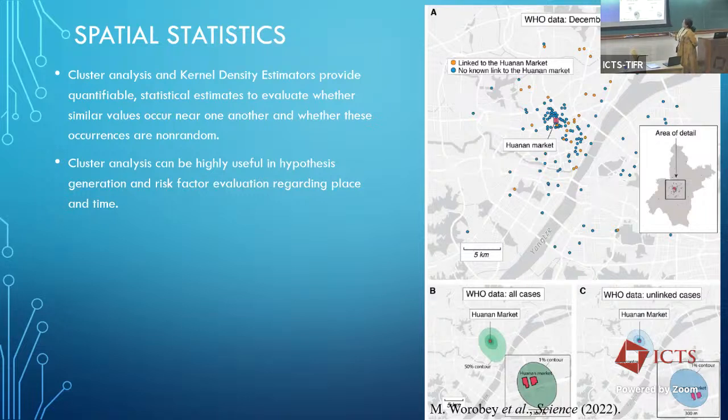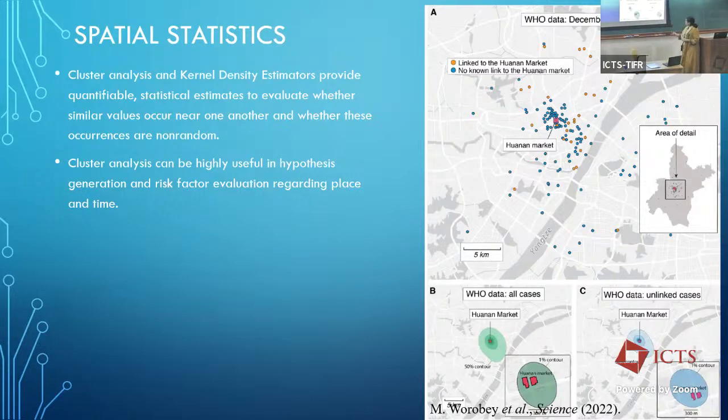Then they looked at all the cases that had no link with the market but were COVID positive, and they found that it's actually even more closely packed to the market. There were many cases with no connection to the market that were closer to the market than the people who had connections to it.